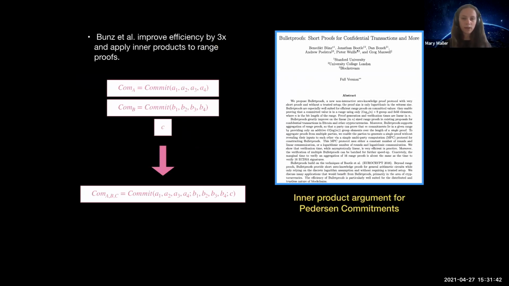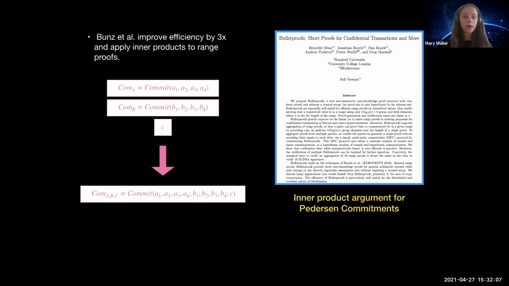So about a year or so after this result came through, Bünz et al. improved the efficiency of the argument by a factor of 3 and showed how to apply these inner product arguments to range proofs. And the argument which they've come up with is being used a lot in range proofs today. I believe that Monero has an audited implementation as well.